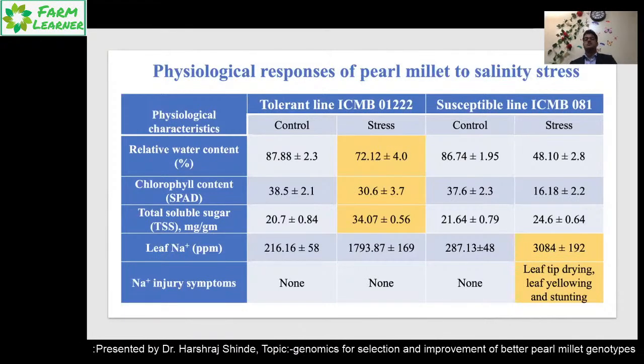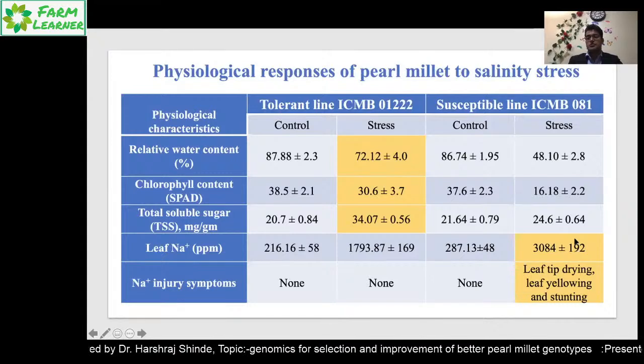You can see the susceptible line has accumulated a high amount of sodium in the leaf. We also observed sodium injury symptoms like leaf tip drying, leaf yellowing, and stunting only in the susceptible line.